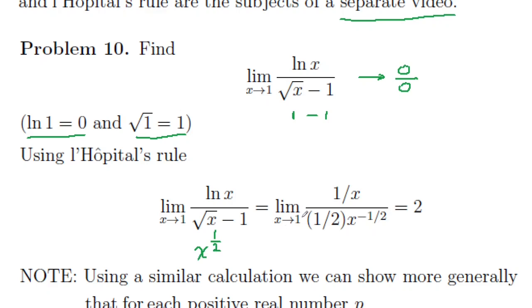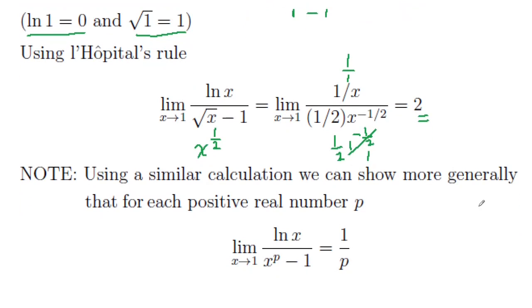Now, as x goes to 1, in the numerator we get 1 over 1. In the denominator we get 1/2 times 1 to the negative 1/2, and 1 to the negative 1/2 is 1, so that's just 1/2. 1 divided by 1/2 will be 2, and that's our limit for this quotient.